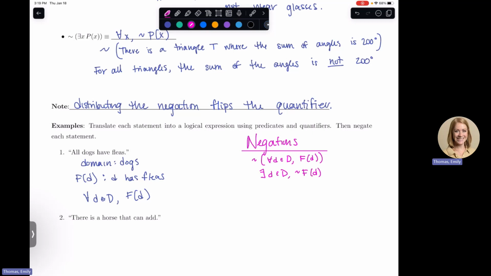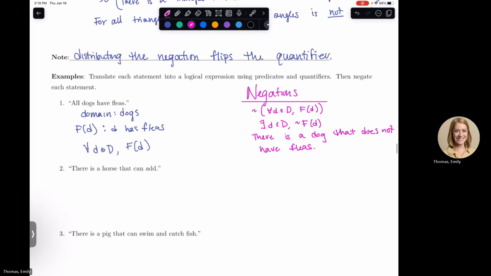Okay, and then somebody else put that in words for me. Yeah, or there exists a dog without fleas, right? Okay.